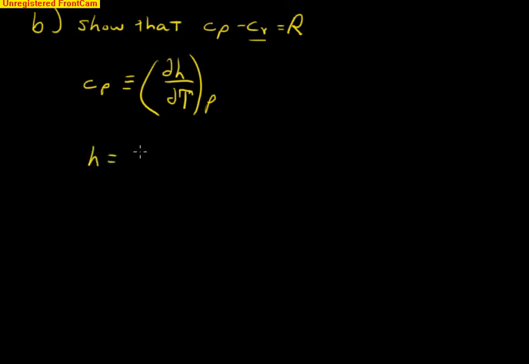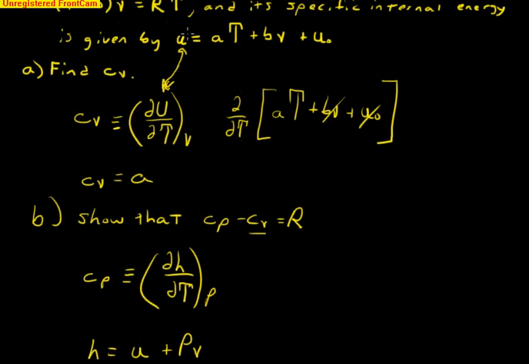So let's find out what enthalpy is. Enthalpy is equal to the system's internal energy plus the work done on it, PV. We have U defined right up here. They're giving us U, so let's plug that in.